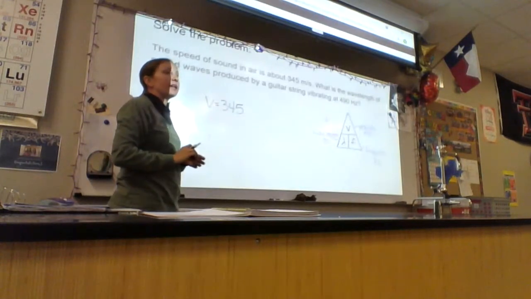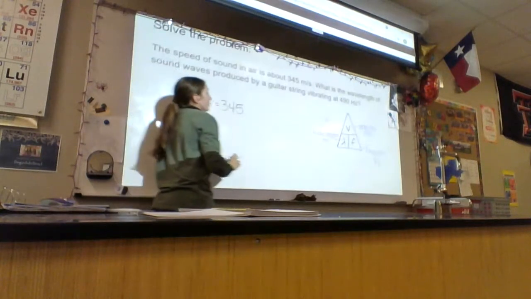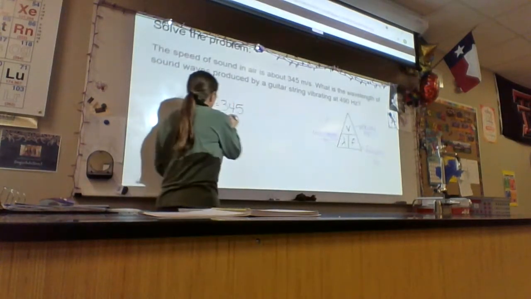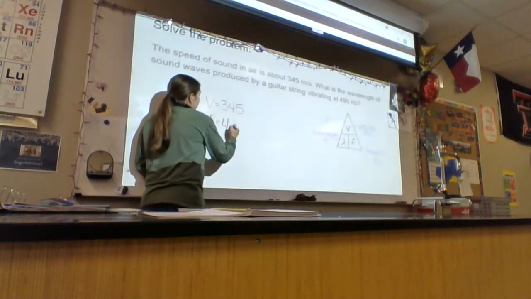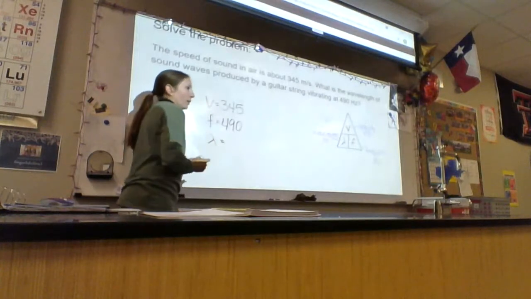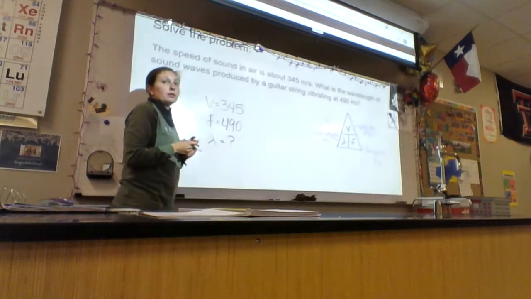What is 490 hertz? Frequency. We know that because this Hz tells us it's frequency. So my F equals 490, which means I'm missing the upside down Y, the wavelength. I'm going to divide.